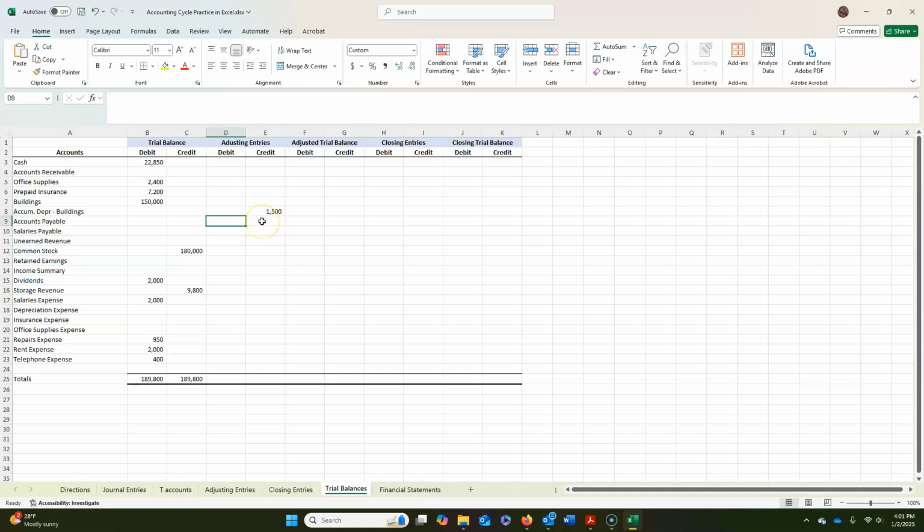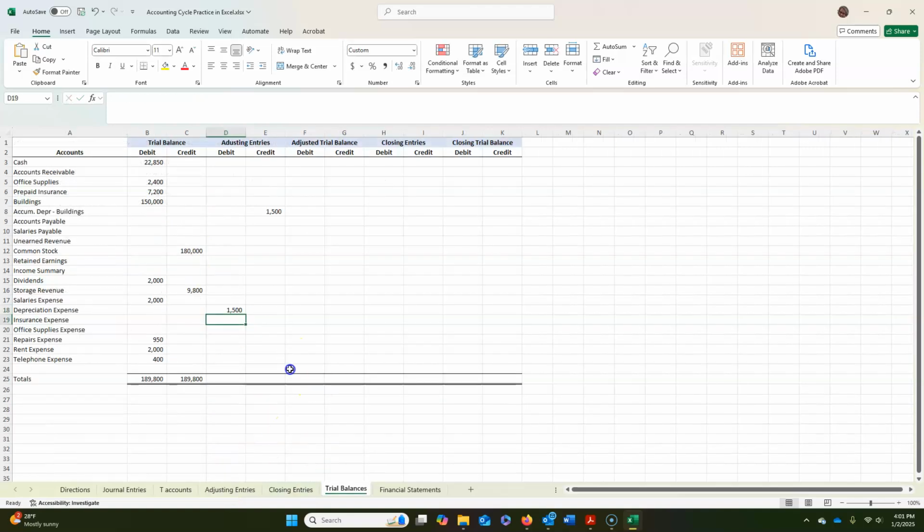So this is how you do a worksheet adjusting entry. So I'm going to show you this. Okay, so, and let's get the depreciation expense for the debit.